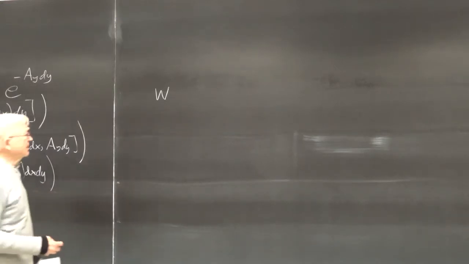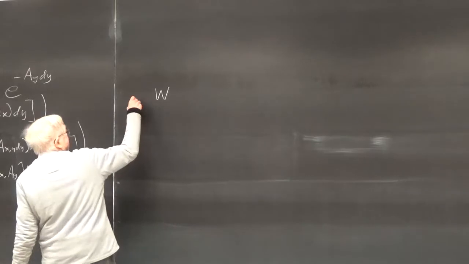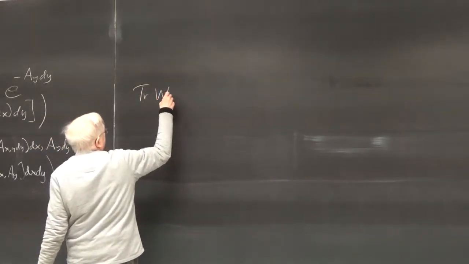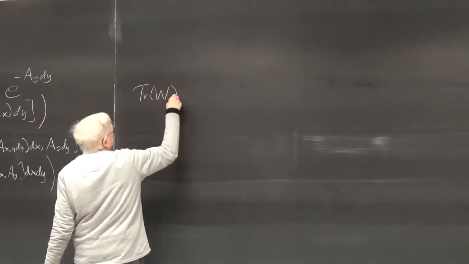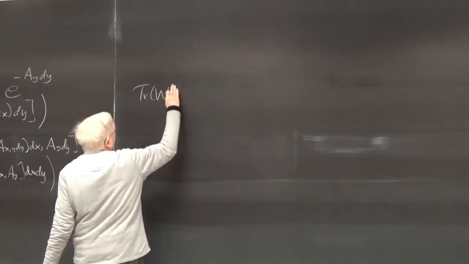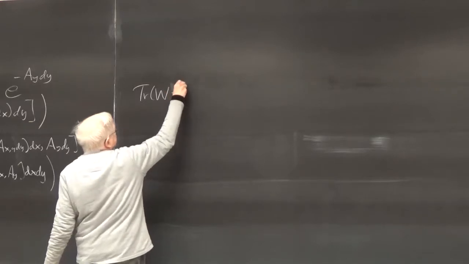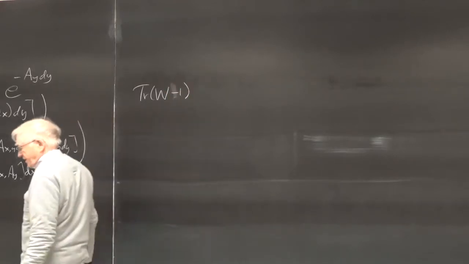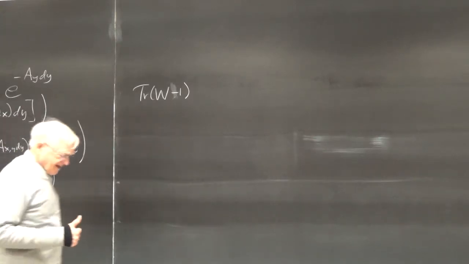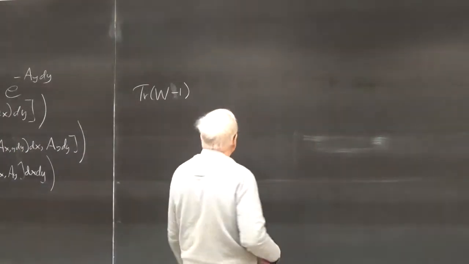If you want a number, then you have to trace the Wilson loop, or equivalently, you just take the trace of the Wilson loop minus 1. In other words, you subtract out the identity matrix, so that if the Wilson loop was in fact just the identity, then you get 0.